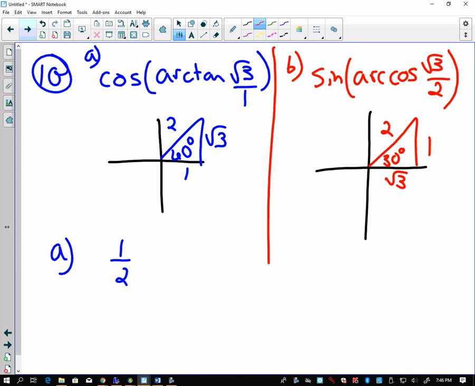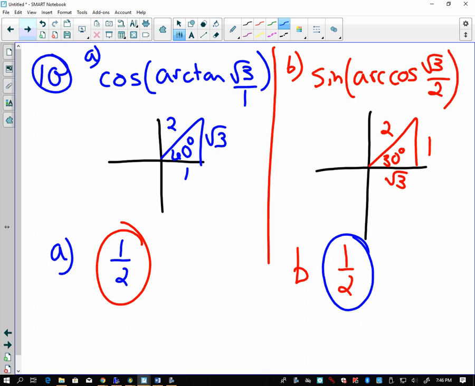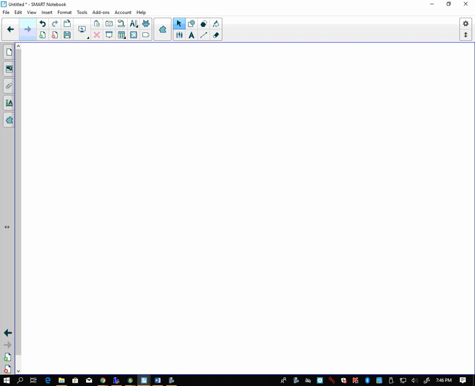But I just want the sine. Sine from that reference angle is opposite over hypotenuse. So that means B is 1/2. So these are my answers for 10. Okay, 11, down the downhill slide now.